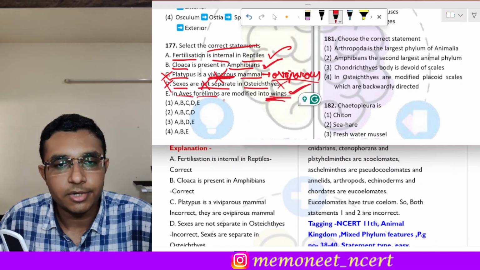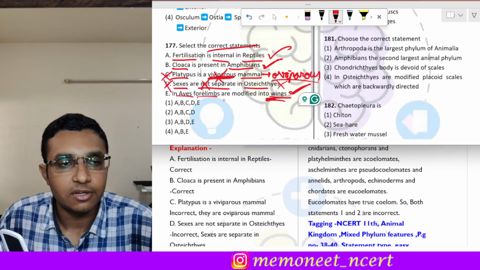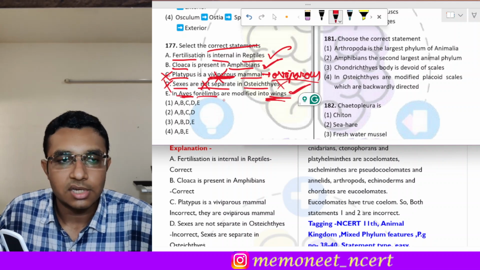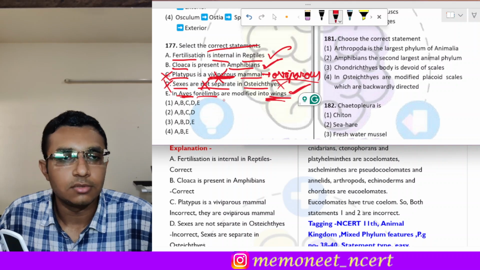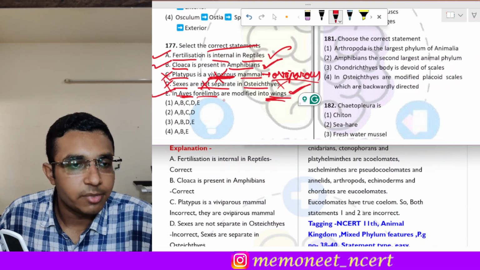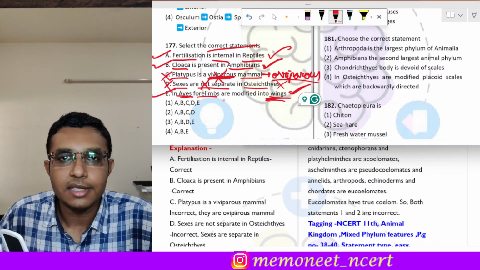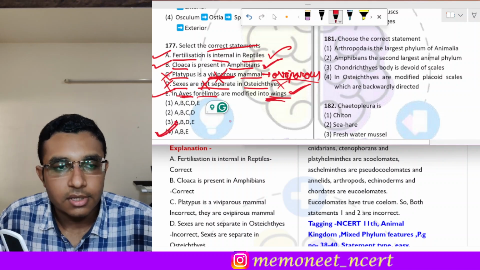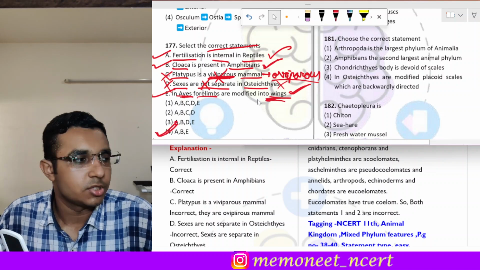This statement is absolutely correct, because in aves or the birds, the forelimbs are converted to wings. So statement E is correct. Statement A, statement B and statement E are correct, and C and D are incorrect. So which is the option showing this? It is option 4. So the correct answer of this question is option 4.